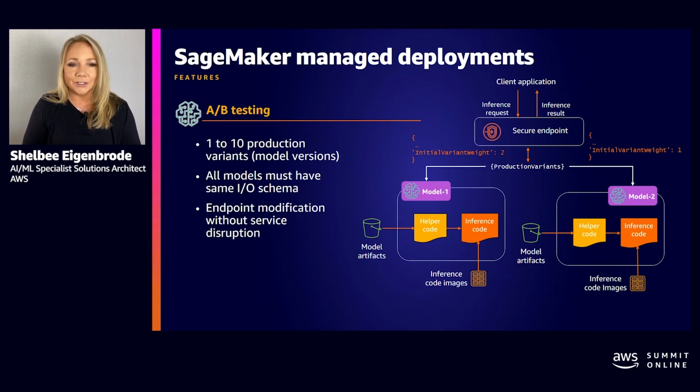As you can see in this picture here, say we have version 1 of our model and we want to start sending a portion of our traffic to model version 2 to see how model version 2 performs. With SageMaker A/B testing, you can choose to either distribute the requests across variants or by invoking a specific variant for that request through the client application. In this example, we're simply specifying that we want traffic distributed for each variant.